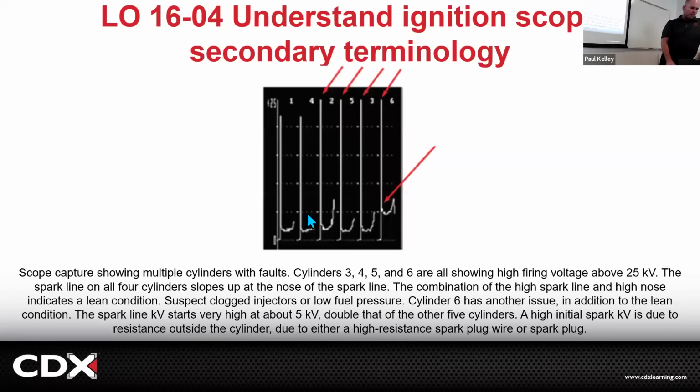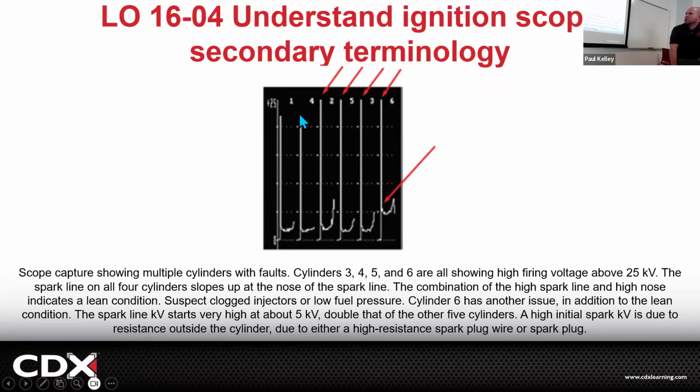Okay. And if we were to look at these, you could see multiples. So if we look at cylinders 1, 4, 2, 5, 3, and 6, 3, 4, 5, 6 have pretty high firing voltages. Interesting. If I were to look, I would say 1 looks a little bit low.